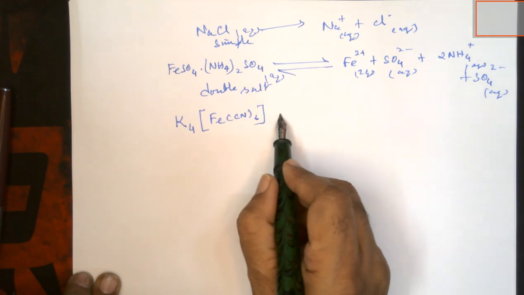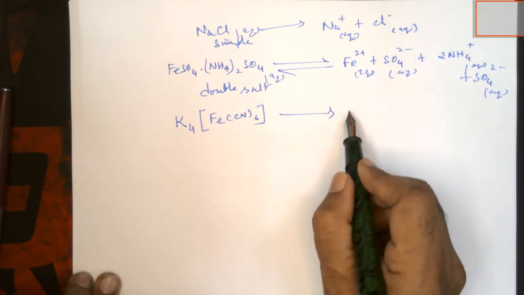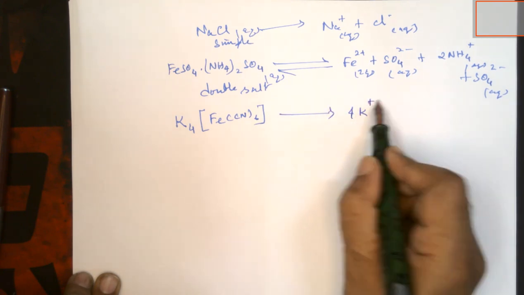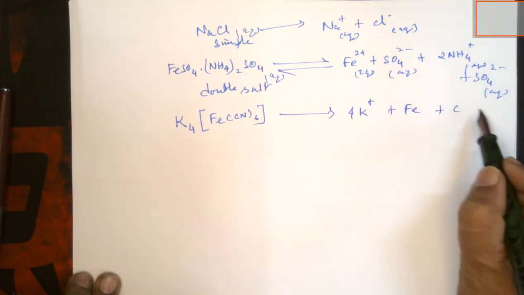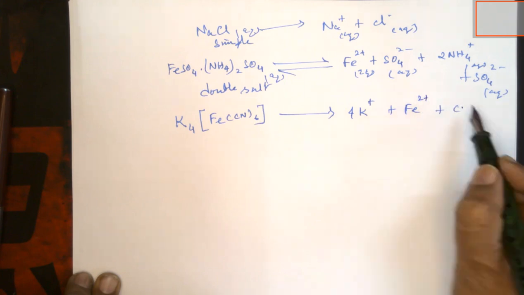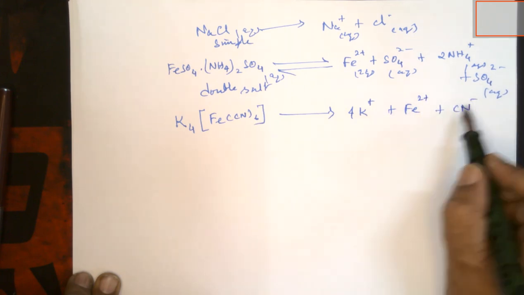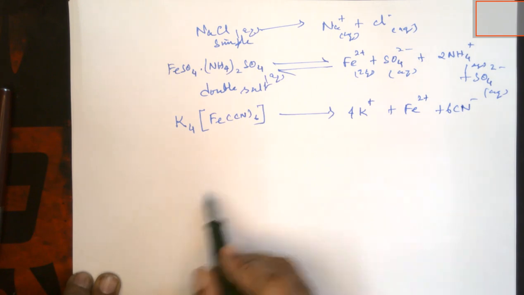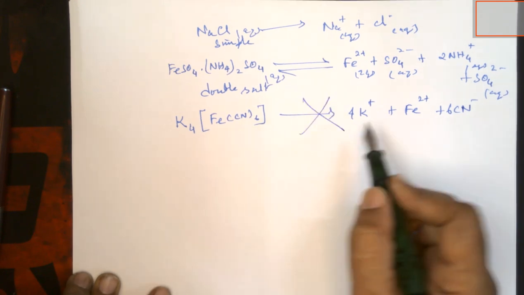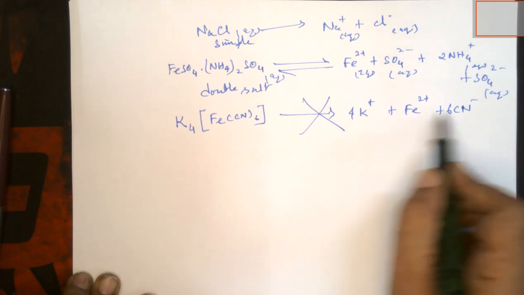And you cannot expect, for example, 4K plus and Fe2 plus and CN minus, 6 CN minus. You cannot anticipate like this. This is ruled out. You cannot form such ions.